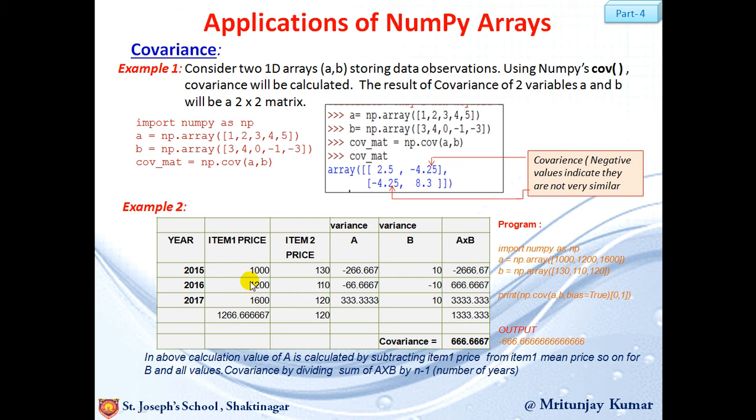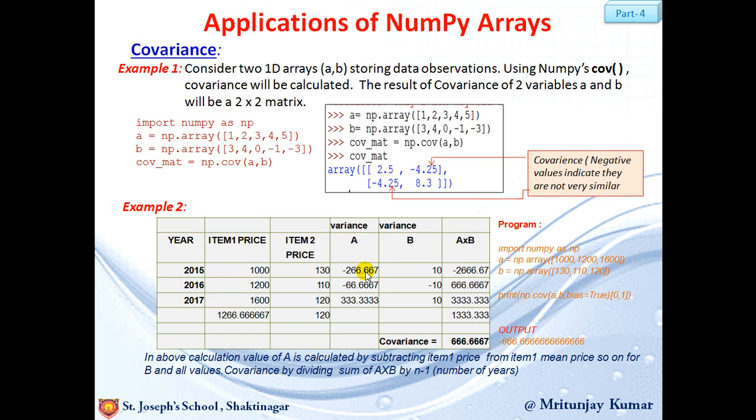The mean of item 1 price is 1266.66. Similarly the mean of item 2 price is 120. Then for variance A, 1000 minus 1266 comes to minus 266.